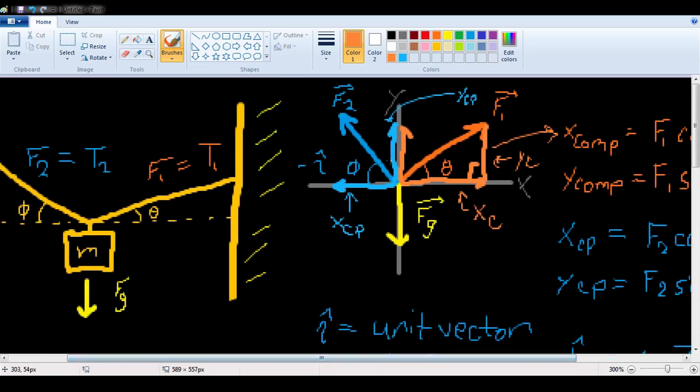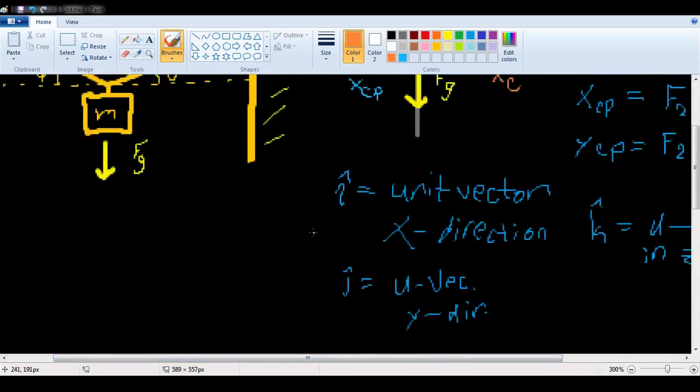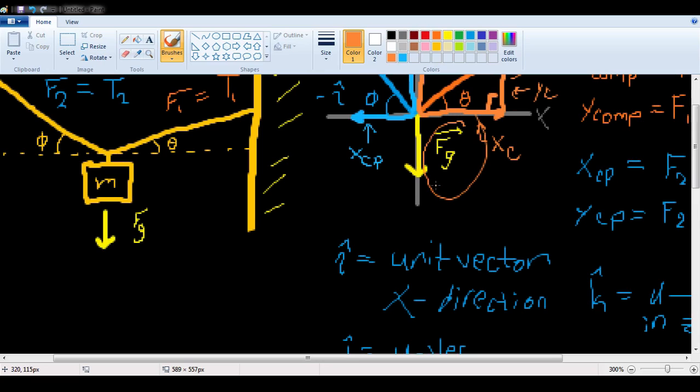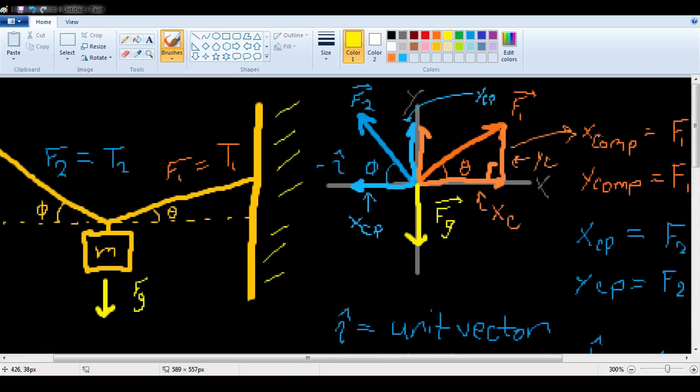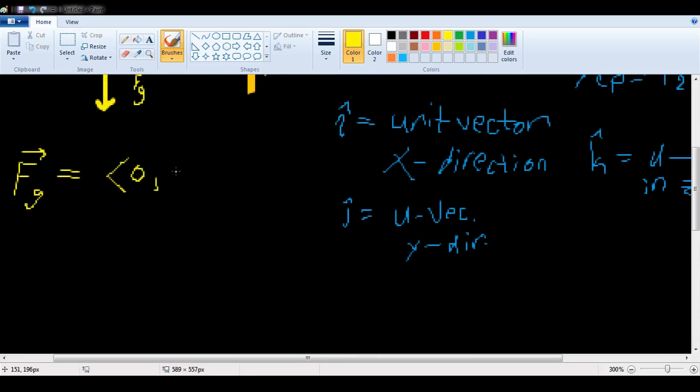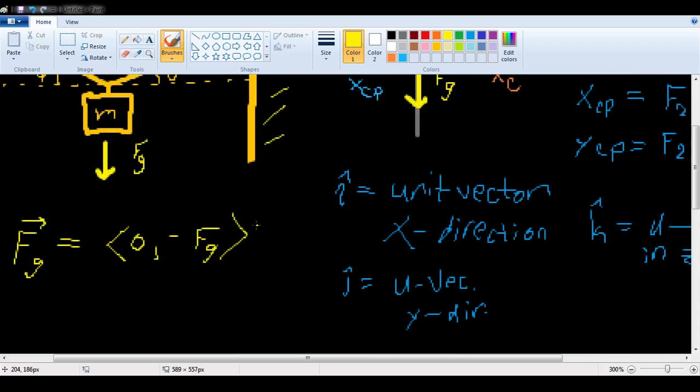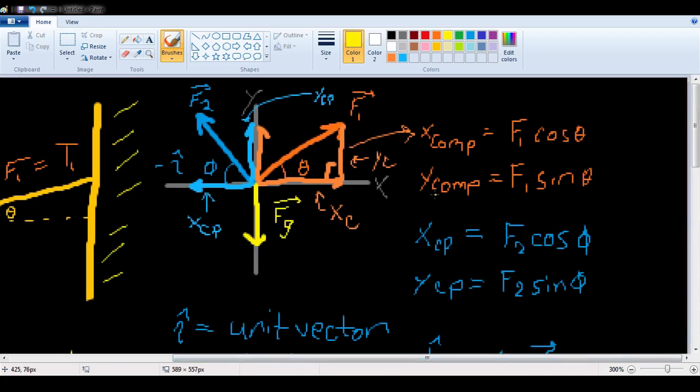So we have equations here along the x and y axis. Clearly, the force of G is only directed on the y-axis. So we can actually pull a component from here. Let's do that in yellow. We can actually pull a component from this force vector. I'm going to move down here. Force of G, this vector, if you've seen vectors written in component form, is going to be 0, negative F_G.